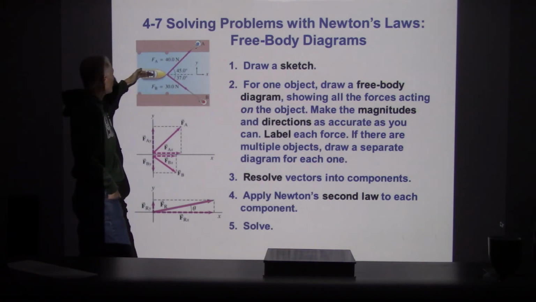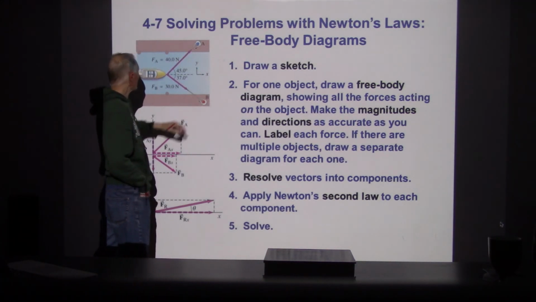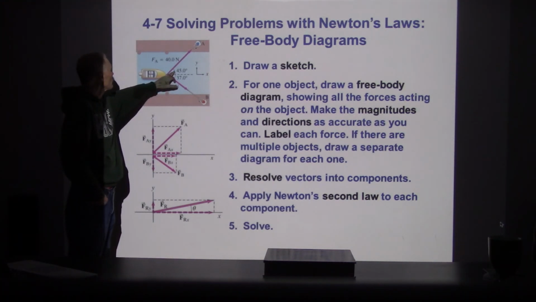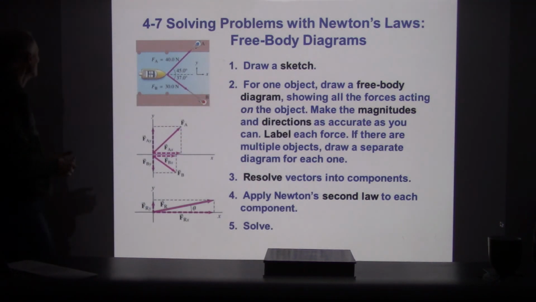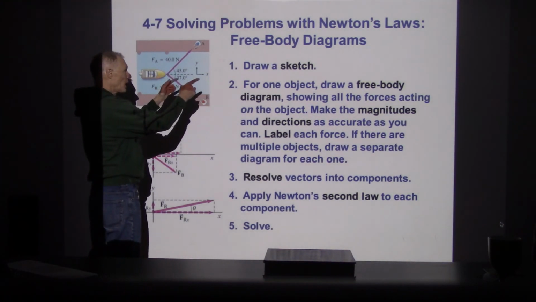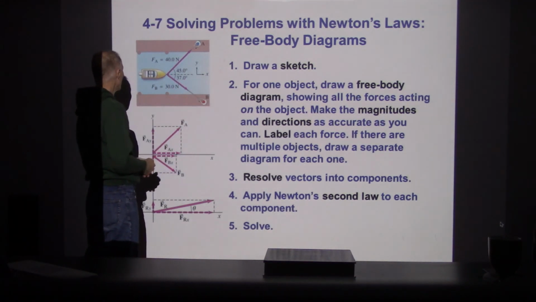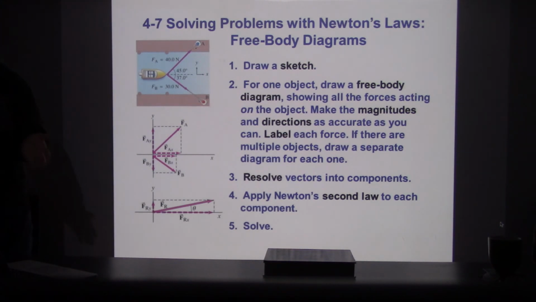The boat's being pulled along this waterway, and there's a couple of people on the sides pulling on these ropes. One is pulling at an angle of 45, one is pulling at an angle of 37 degrees relative to the forward direction of the boat. So we've got this force diagram set up. So draw a diagram, draw a sketch, draw a free body diagram. You can draw more than one, right?